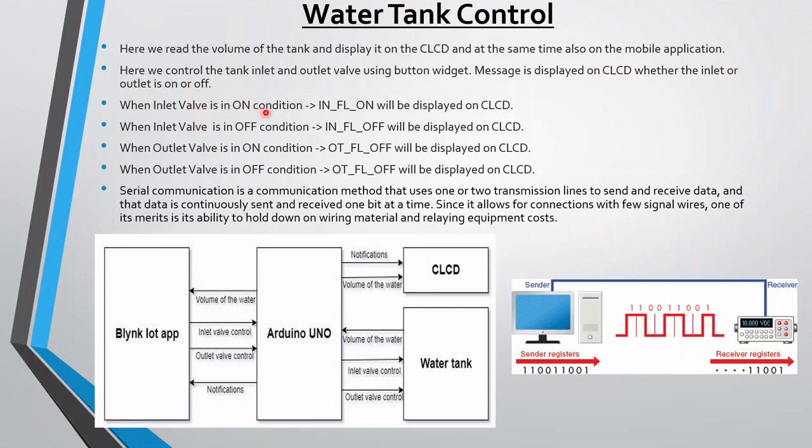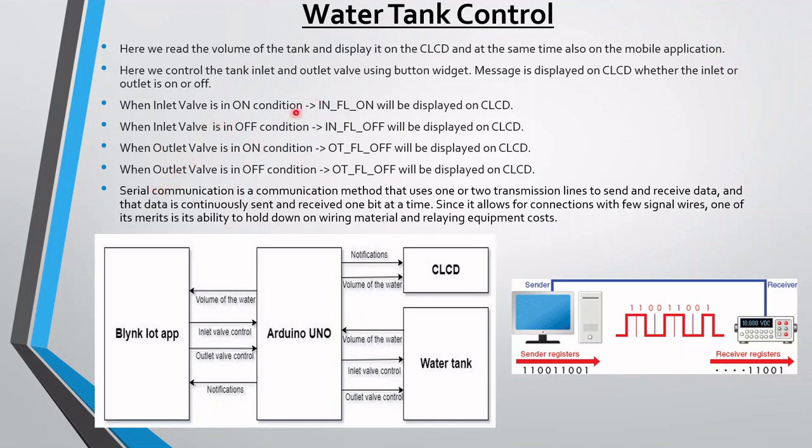When the inlet valve is in on condition, "inflow on" will be displayed on the CLCD. When the inlet valve is in off condition, "inflow off" will be displayed on the CLCD. Similarly for the outlet valve.